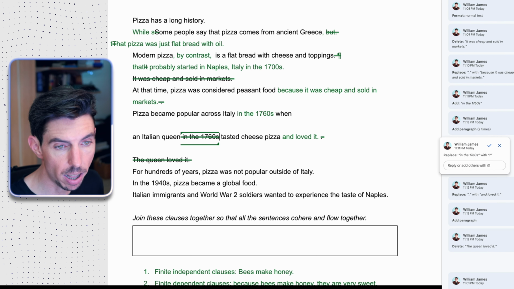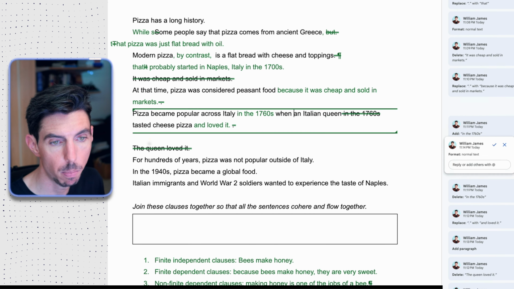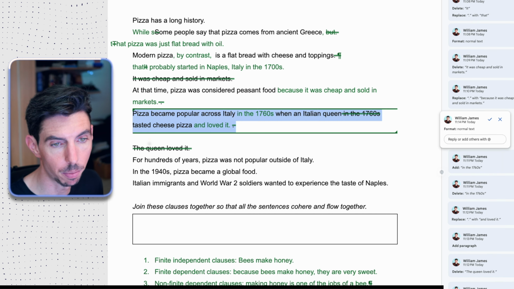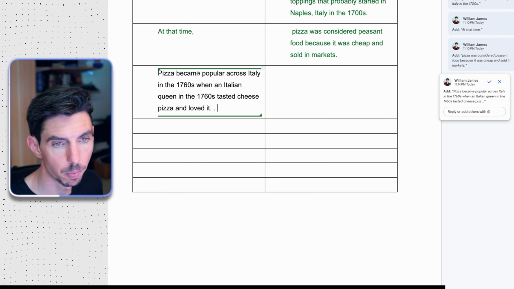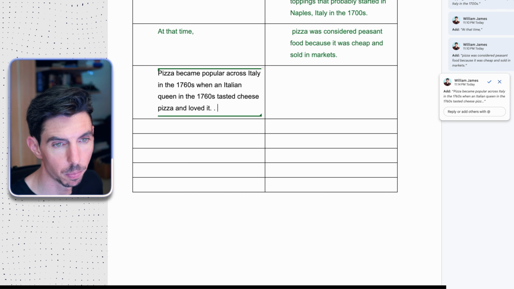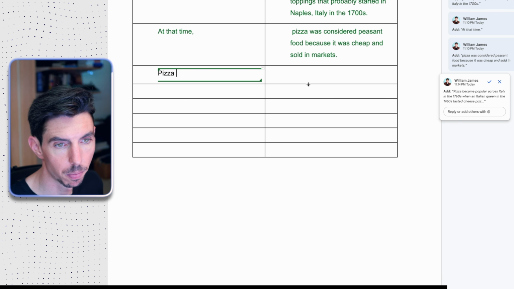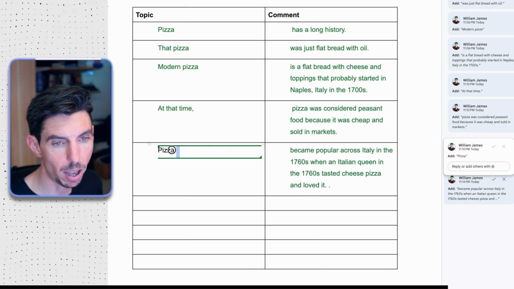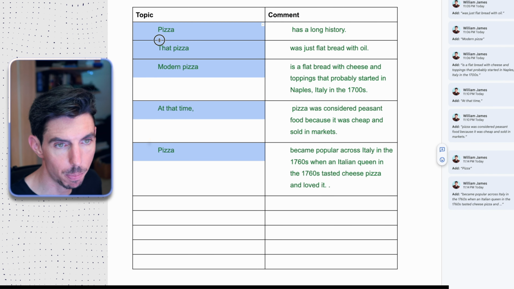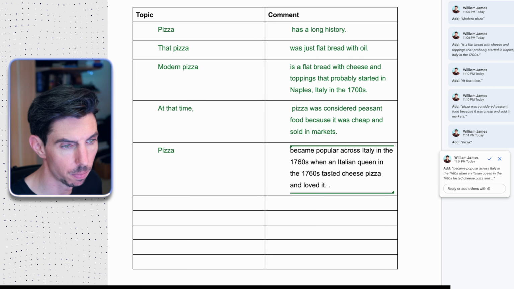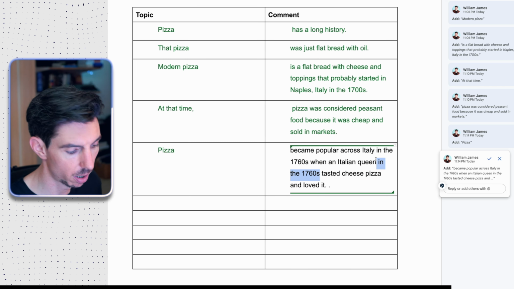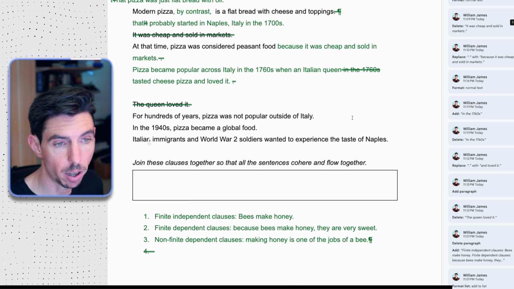So when that happened, pizza became popular across Italy. Now we have pizza, again, back in our topic position, and the comment is about when it became popular. So working really well now.